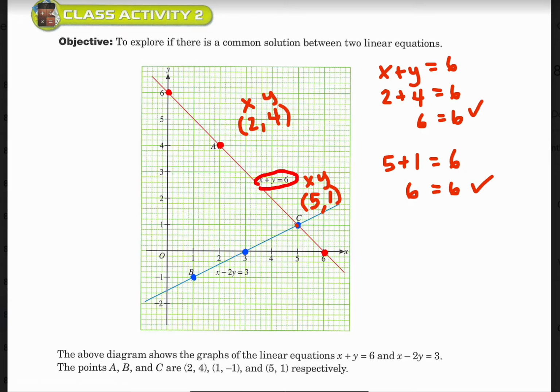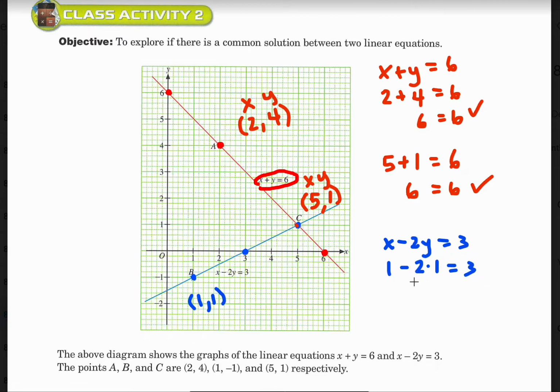Now I'm going to move to my blue line, x minus 2y equals 3. I'm going to plug in this point right here, 1, negative 1. Instead of x, I put 1. Instead of minus 2 times y, I put minus 2 times negative 1 equals 3.